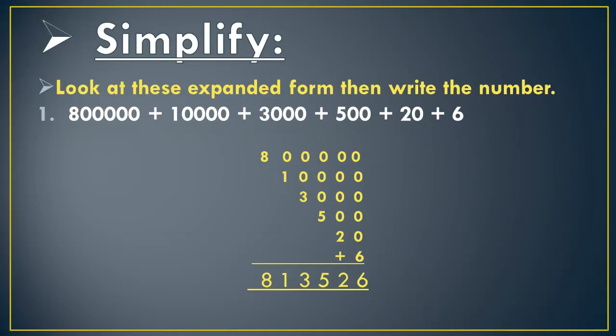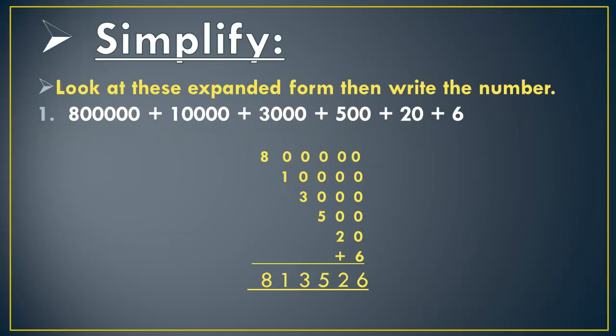So it tells us how many lakhs are there, how many 10,000s are there, how many thousands are there, how many hundreds are there, how many tens and how many ones. So one way of getting the number is by simply adding these numbers.